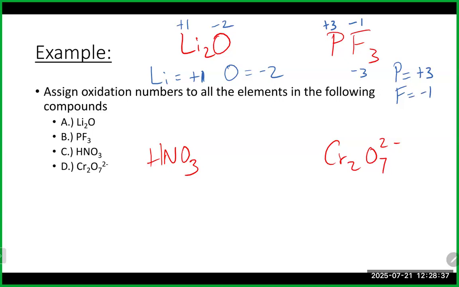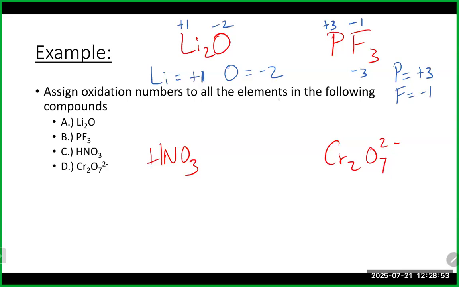So once again, this is a case where phosphorus is sharing electrons. It is covalently bonded, and that is why it's not the normal -3 that you associate with phosphorus, because that's an ionic compound.